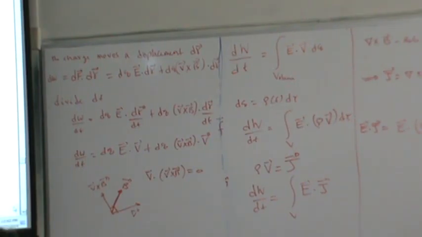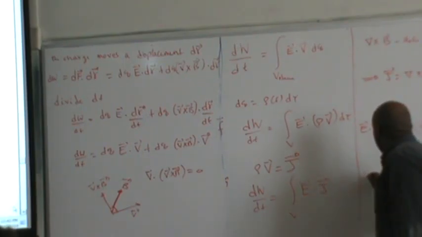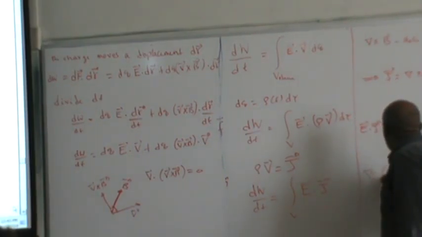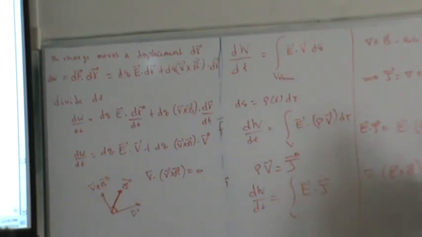All right. Now, let's apply one vector identity that says the divergence of E cross B is equal to B dotted with the curl of E minus E dotted with the curl of B. Just the product rule for the cross product.